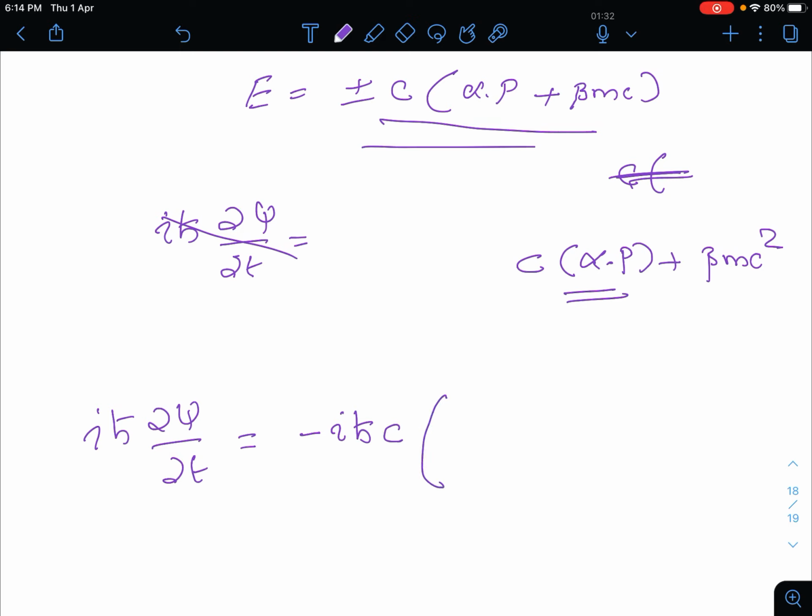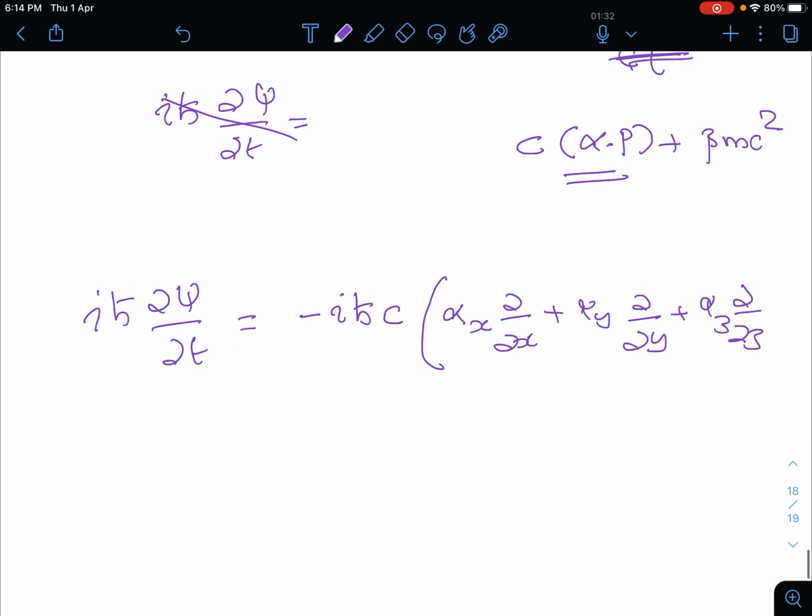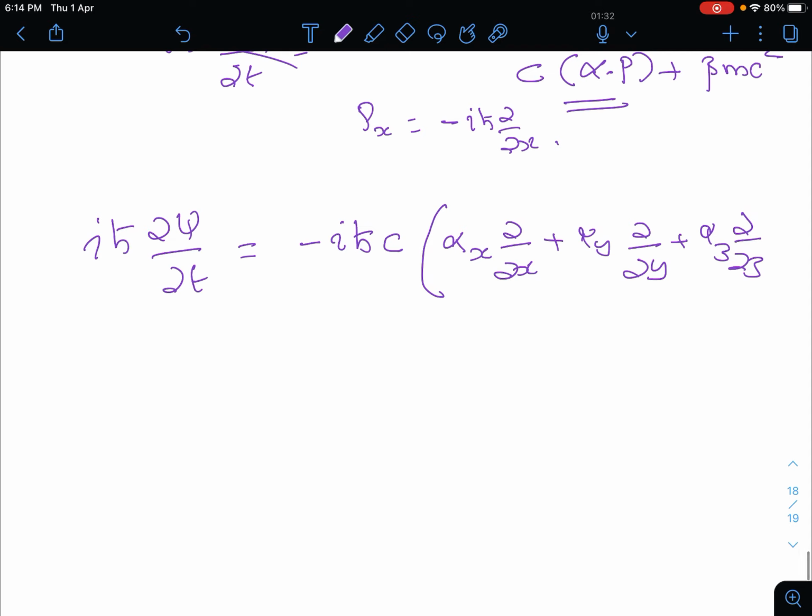So let's put that alpha x dou by dou x plus alpha y dou by dou y plus alpha z dou by dou z. അല്ലേ, ഇതൊക്കെ ഓപ്പറേറ്റേഴ്സ് അല്ലേ, ഓർമ്മയില്ലേ? So what is px is equal to minus i h cross dou by dou x ആണല്ലോ, ഓർമ്മയുണ്ടല്ലോ? അതാണ് ഞാൻ ഇവിടെ എഴുതിയിരിക്കുന്നത്. Okay, operates on psi plus beta mc square psi.